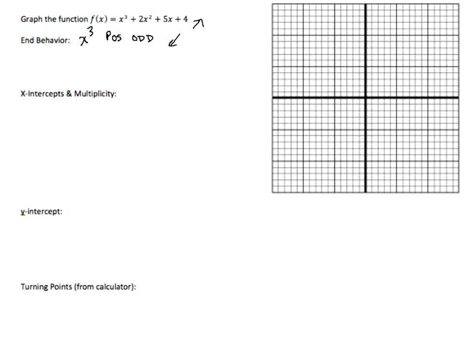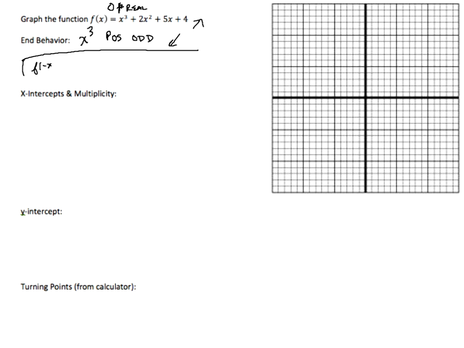I have no sign changes with f of x. That means there are 0 positive real roots. If I do f of -x, I'm going to do it in this little space that I have right here.